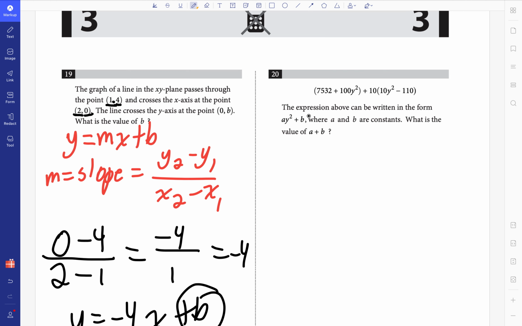Now, this problem, I like this problem because it is quite nice. It has you think. So the first thing that I want to do here is distribute and combine like terms. Okay, so let's do exactly that. I want to distribute this 10.